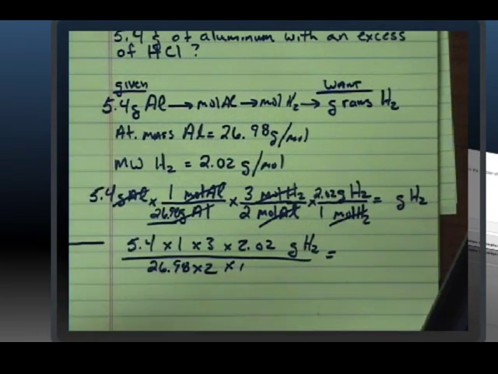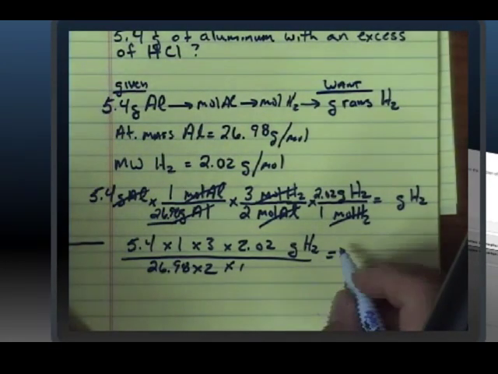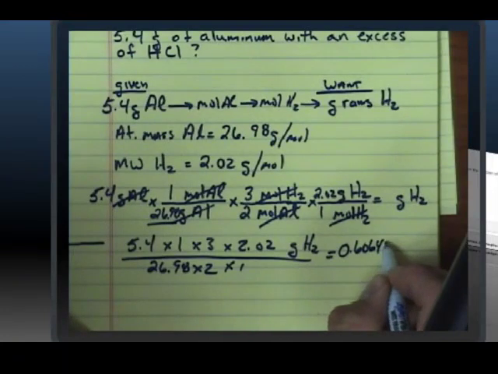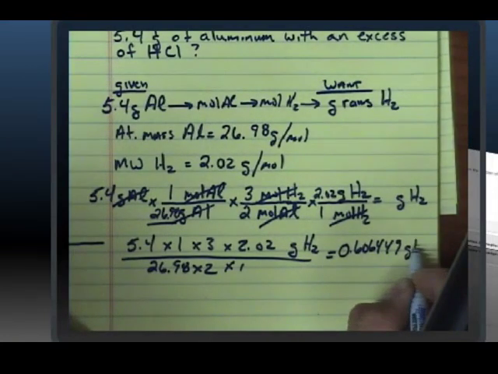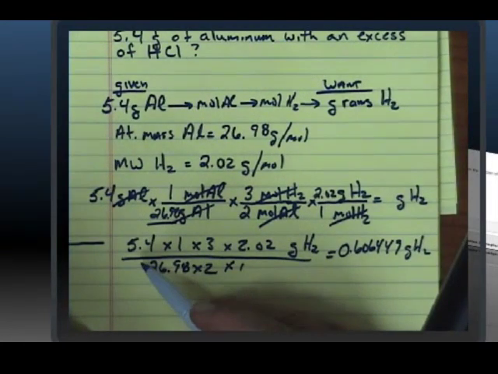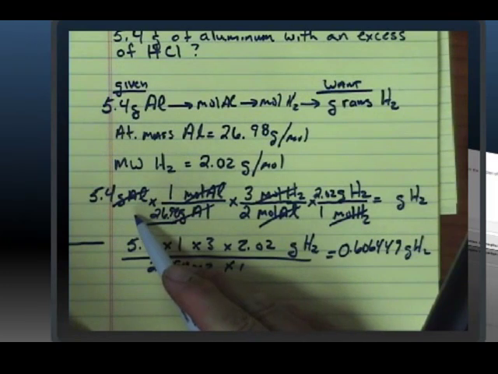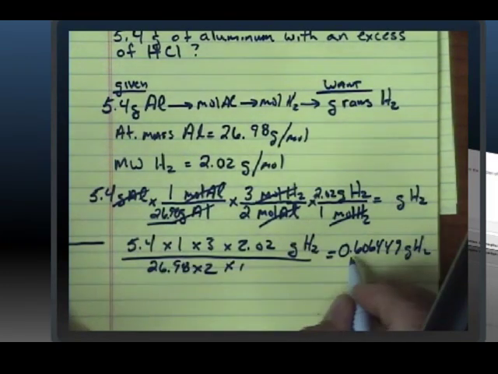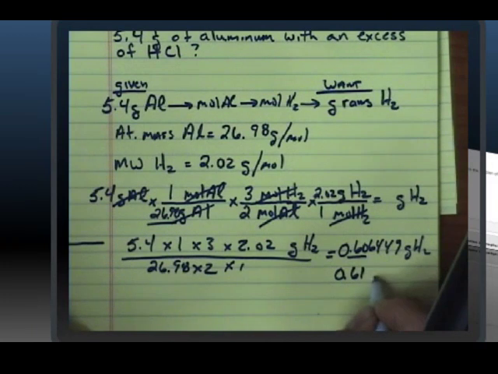And if you do that arithmetic, your calculator will tell you 0.6064449 grams of H2. We look back to find significant figures. There are only 2 in our mass that was given to us. This can only have 2, so that ends up being 0.61 grams of H2.